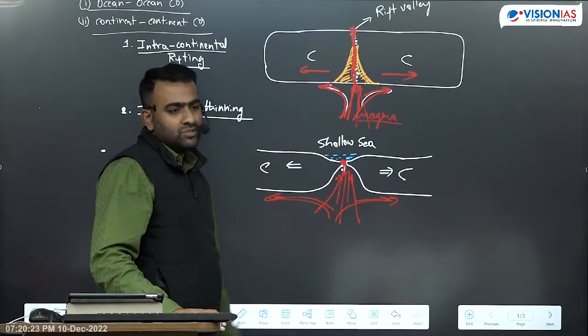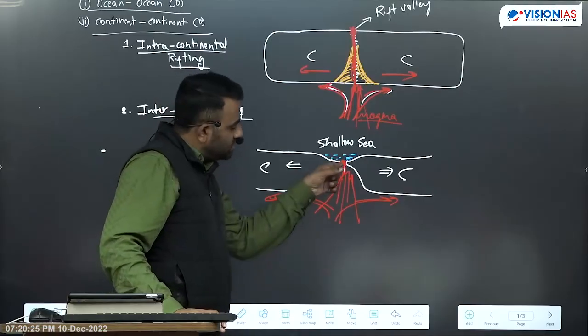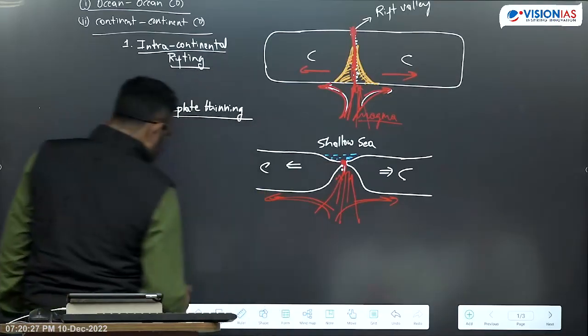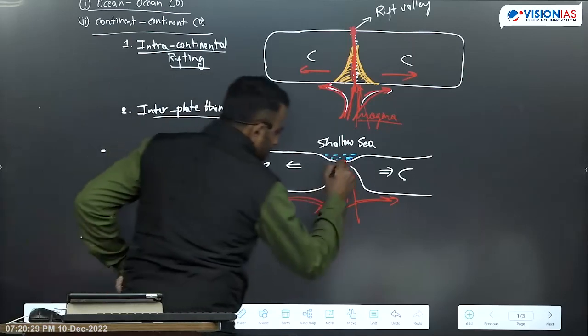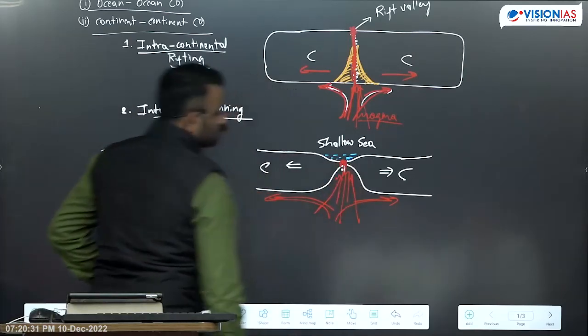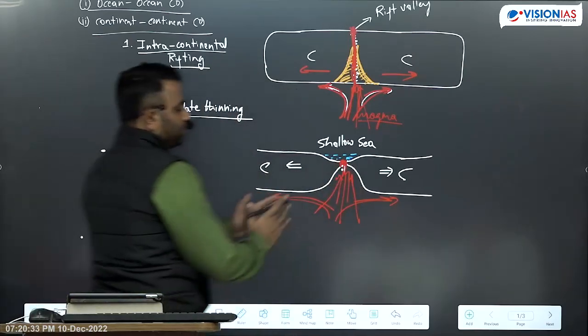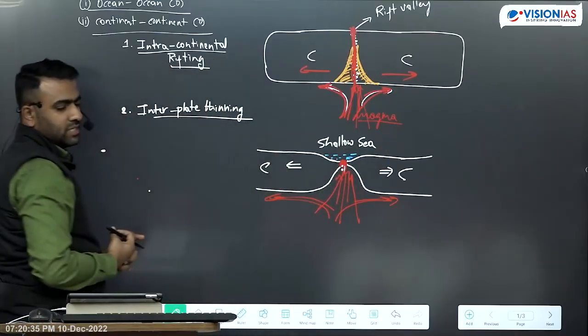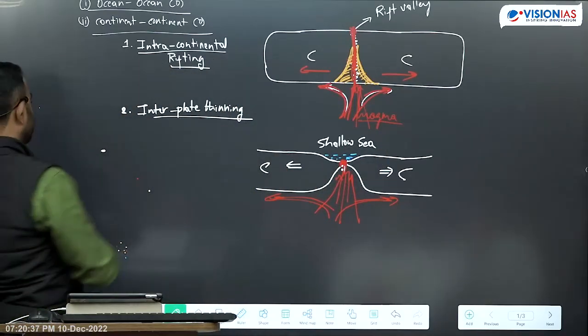So what happens to this magma? This magma starts to accumulate on both the sides of this continental crust, and is trying to push both the sides of the continental crust apart. Example, Red Sea.